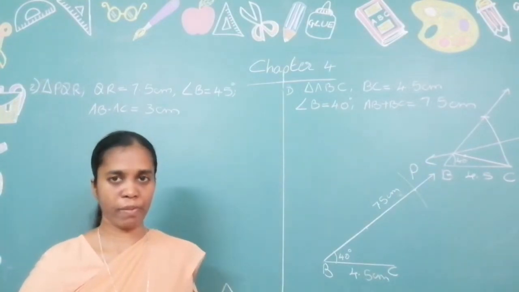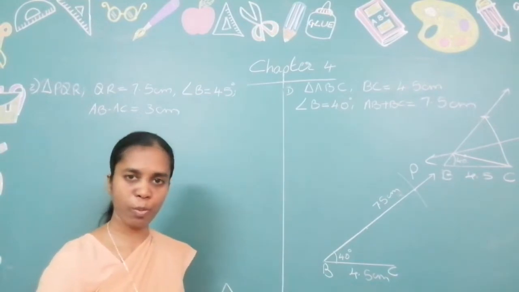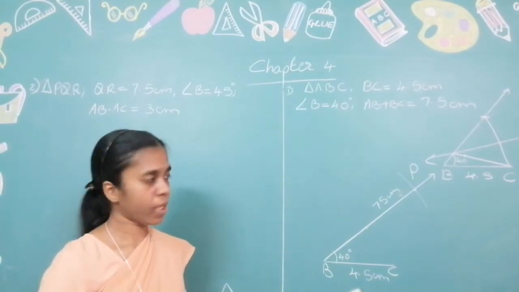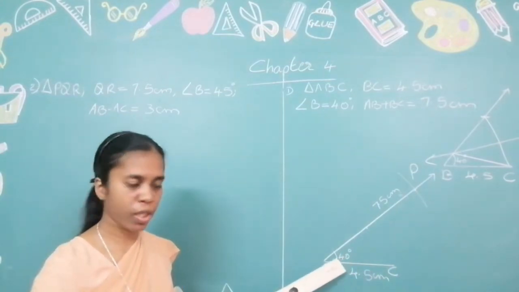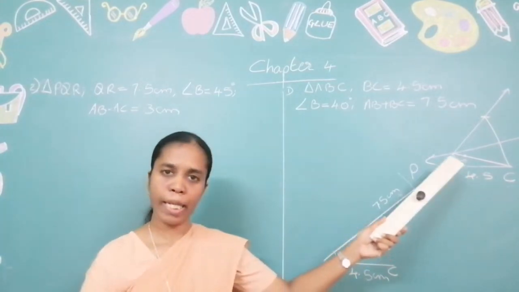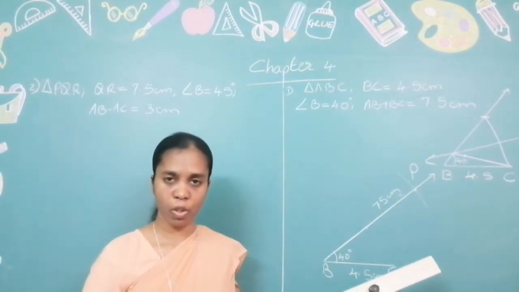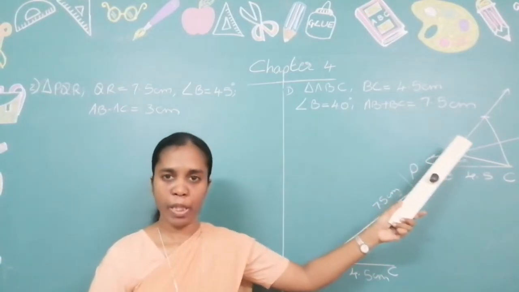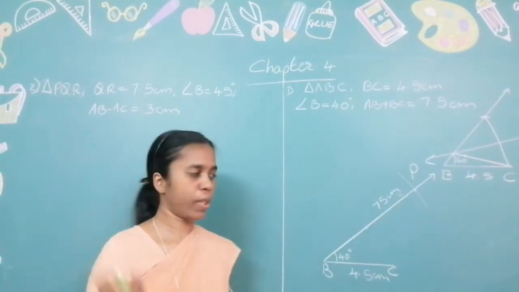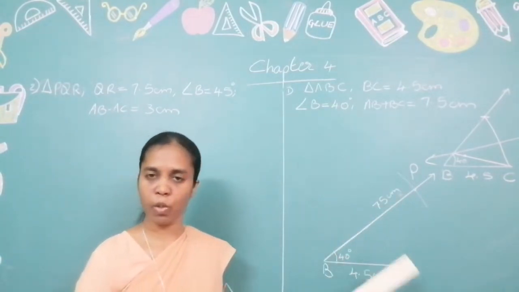I repeat what we have done. First, we draw the base with whatever is given to us, 4.5 centimeter. Next, take angle B 40 degrees. You draw a ray. Extend it first so that you will not have the problem as I had right now. What else is given to us? Next is the sum of the sides. So take that on your compass and draw an arc with that measure on the ray.